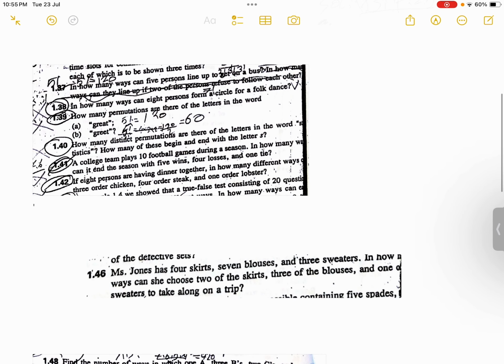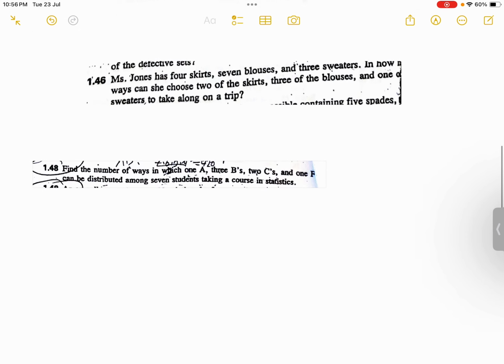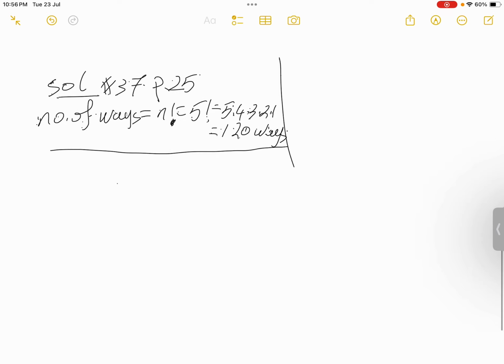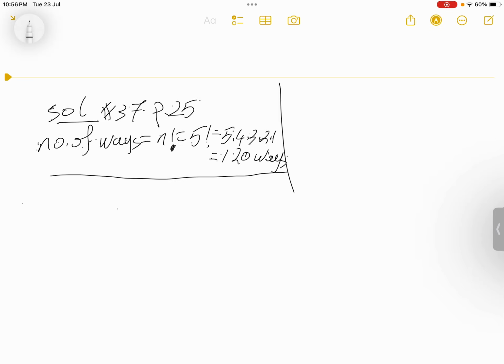Question number 38. In how many ways can 8 persons form a circle for a folk dance? Page 25.